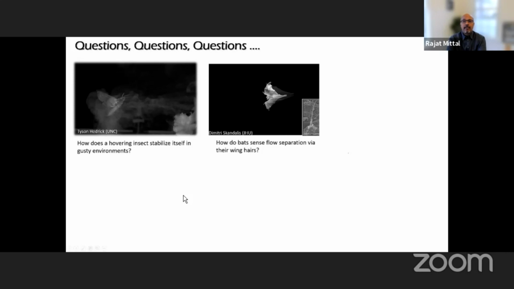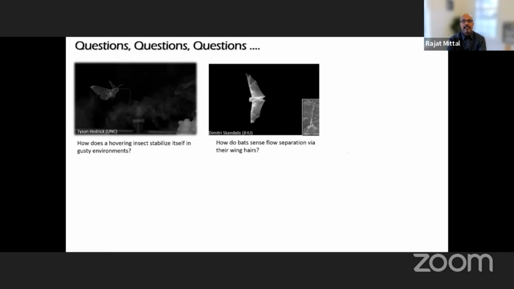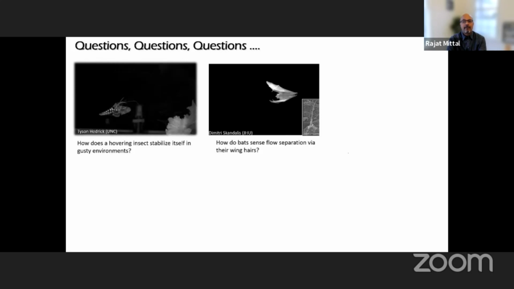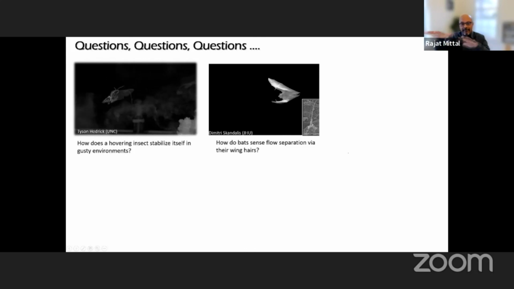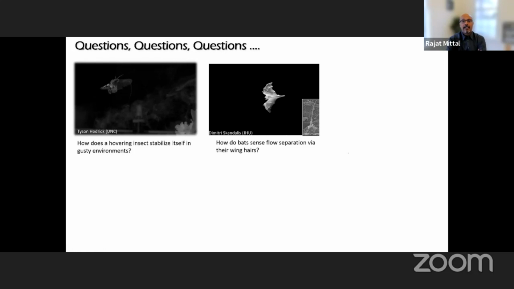A more recent project that we are working on is regarding bats in flight. You're seeing here a bat, in a very nice video taken by my collaborator, Dimitri Skandalis. It turns out that bats, on the top of their wings, have these small hairs, and these hairs actually cover the entire wing in different locations.